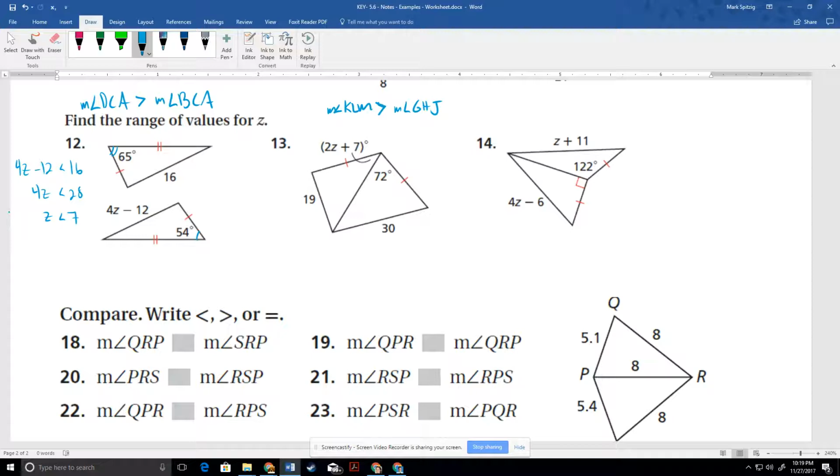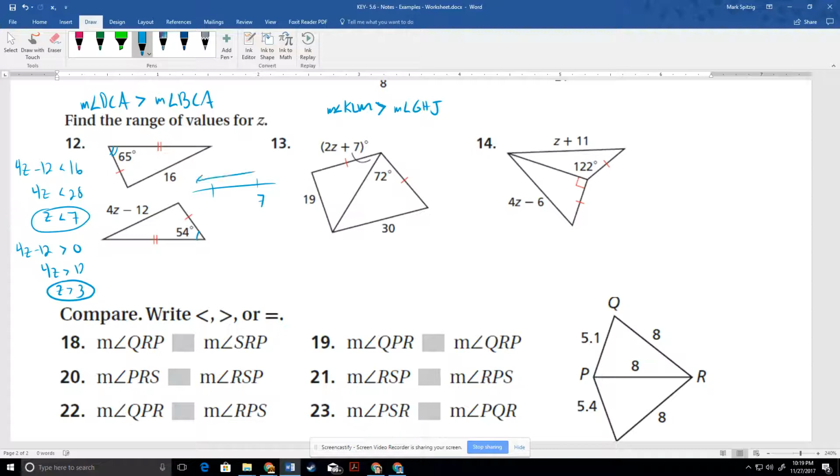And then what we also know is that this side has to be bigger than 0, right? So the other one would be that 4z minus 12 has to be, sorry, I meant greater than 0. Has to be bigger than 0, so 4z has to be greater than 12, so z has to be greater than 3. And now in this case, I only have 2, right? So if I did a number line, it would be super easy because it would be 7.